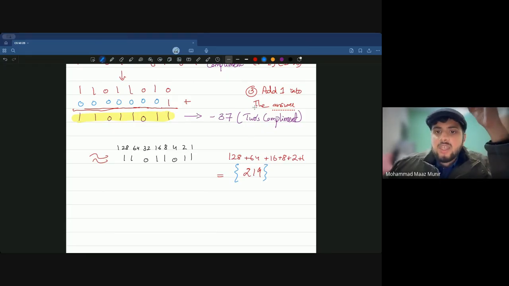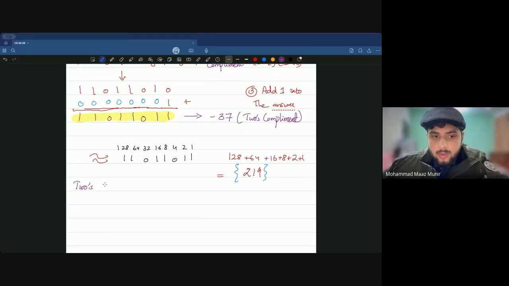But now this is very important. Remember, whenever we get the answer in terms of 2's complement, and I have to find the denary value of it, your 128 bit, or the most significant bit, the bit on the most left hand side, is known as the most significant bit, MSB. It's not always stated as MSB, but it's basically your most significant bit.